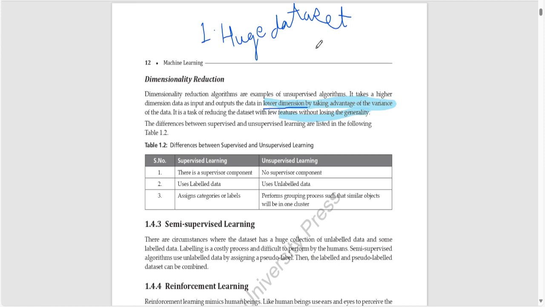Taking a small data set does not mean we lose the generality or the attributes. We have to take all the attributes which are important for our machine learning.